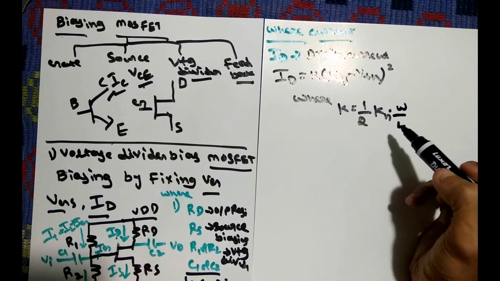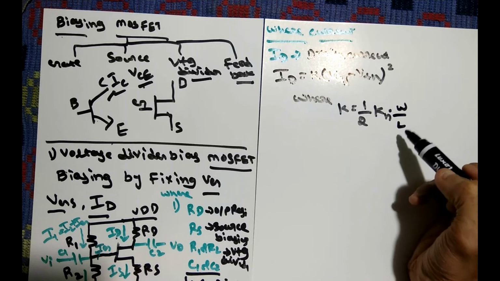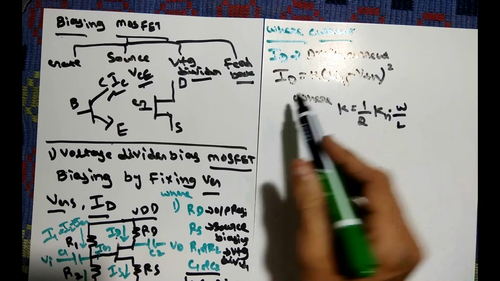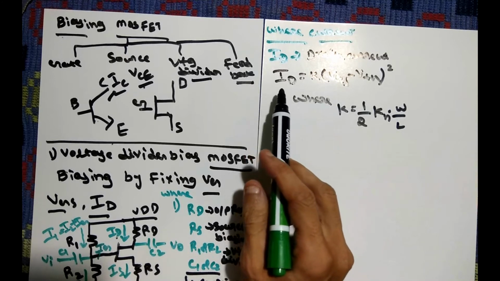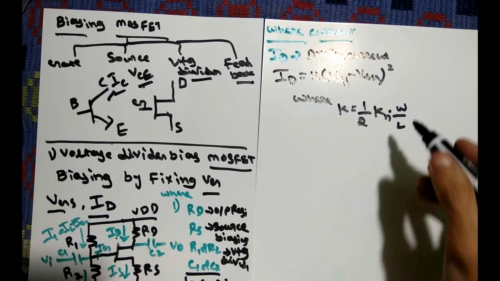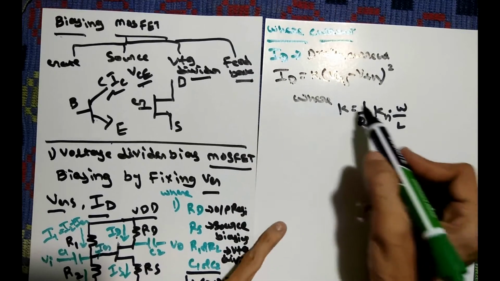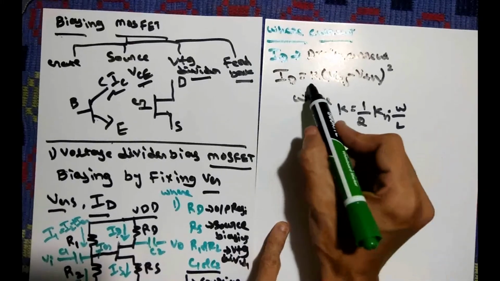Width is directly proportional and length is inversely proportional: if length is more, the current decreases, and if width is more, the current increases. So that is the relation, and this is the part of K.